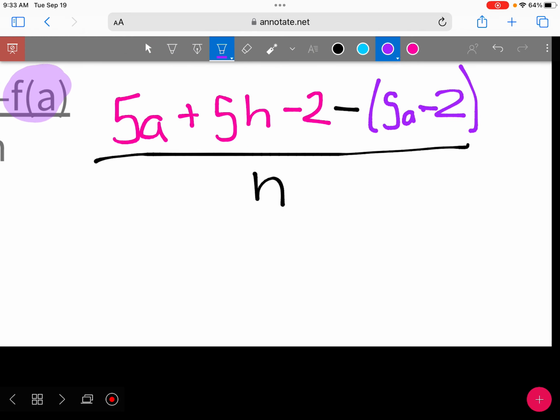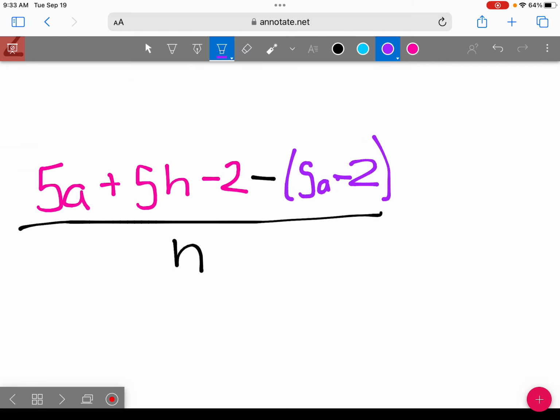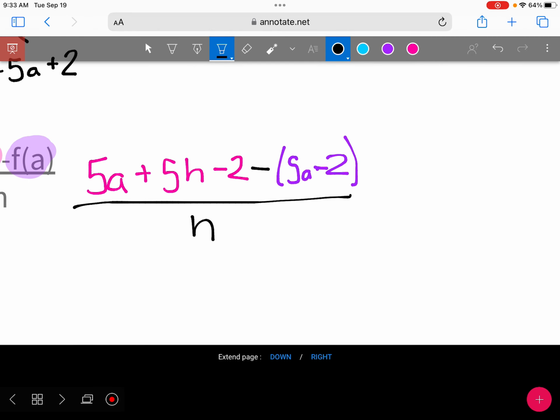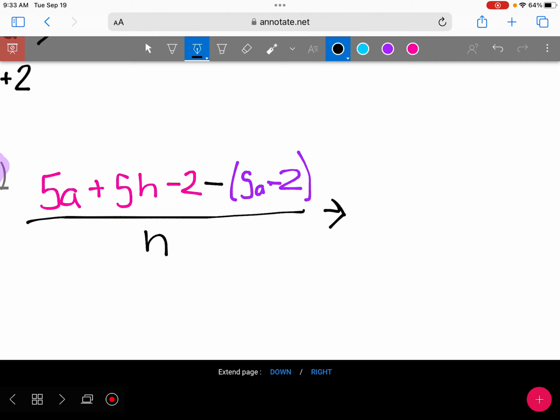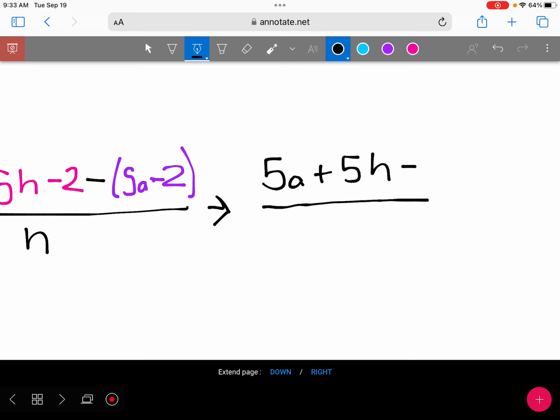So let's bring it in here and simplify this. So we have 5a plus 5h minus 2. We're going to distribute this minus sign through to get minus 5a plus 2, and this is all still over h.